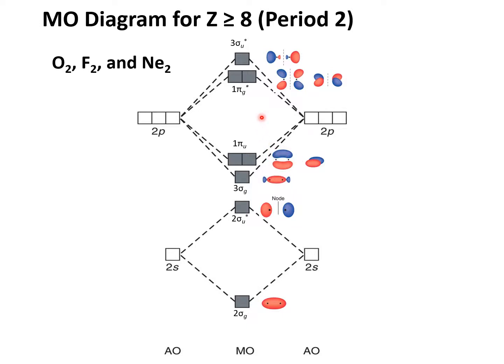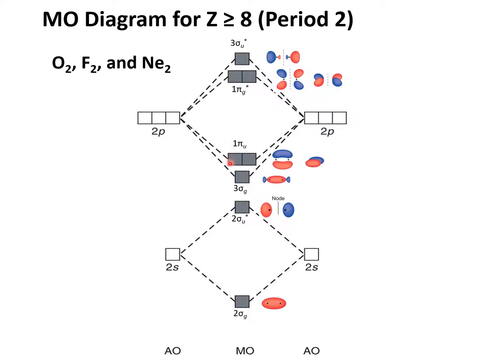And because the 1 pi u bonding molecular orbitals stabilize the system a little bit, their corresponding 1 pi g star antibonding MOs destabilize the system a little bit. And the representation of the 1 pi g star antibonding MOs is shown here.